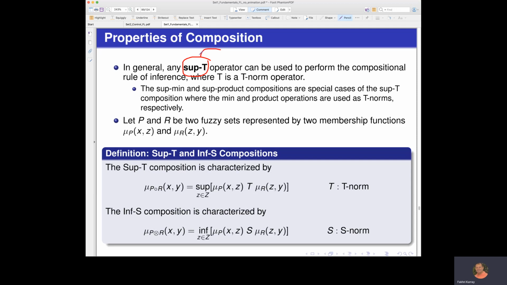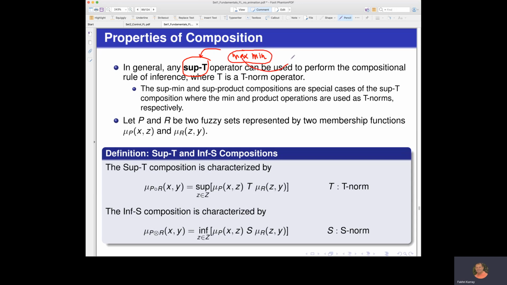If you are not told what type of operator you are utilizing, because each one of these sup T operators is related to a particular type of problem, so if your designer tells you that I would like to utilize any generic type of compositional rule of inference, then immediately use the max min. So in an exam, or in a quiz, or in the assignment, the max min is the default representation for the composition.